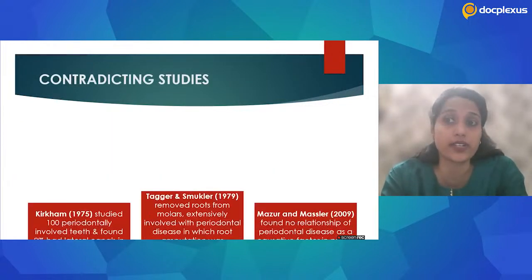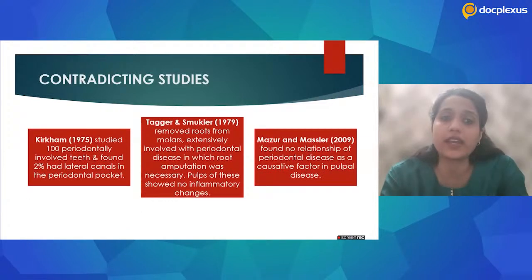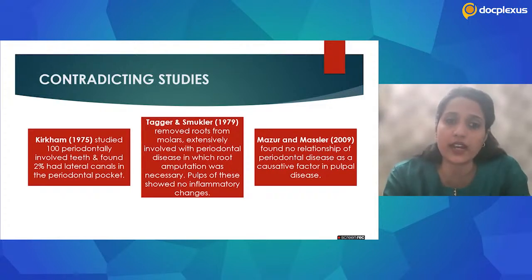There was a contradicting study by Kirkham in 1975, and he studied 100 periodontally involved teeth and found 2% had lateral canals in the periodontal pocket. So he said it's just 2% lateral canals in the periodontal pocket, not that all of the periodontium will have, or periodontal diseases will affect the pulp of the tooth.